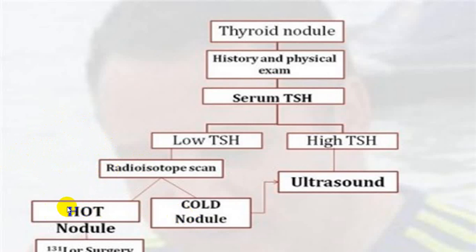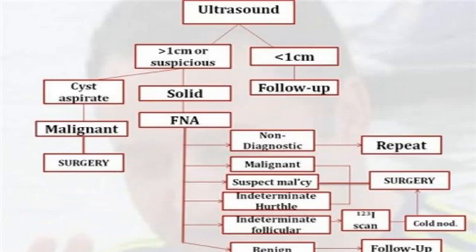By radioisotope, you can identify a hot nodule or cold nodule. If it is a hot nodule, it is usually non-malignant. You can go for radioactive iodine treatment or surgery. And if it is a cold nodule, you do ultrasound and go for an FNAC biopsy. Ultrasound can detect the size and type of nodule: colloid, solid, calcified, invasive, non-invasive, hypoechoic, hyperechoic, etc. A solid nodule will always require FNAC.